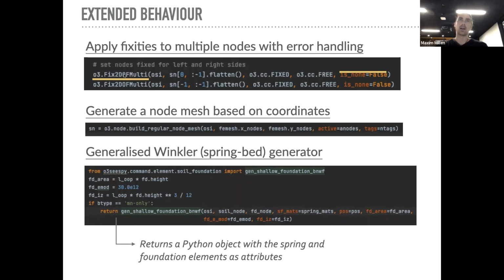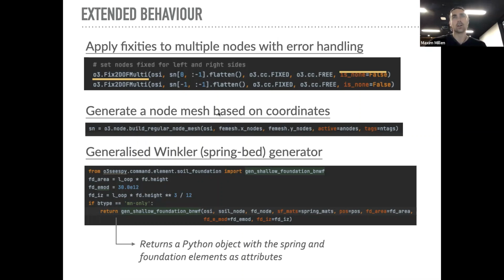You can just pass a numpy array of nodes in, and it will apply the fixities that you want. And then you can also put a catch flag, so if there is no node at that point, you can either raise an error or not. It's quite useful when you're using multi-processing, the OpenSees MP version.